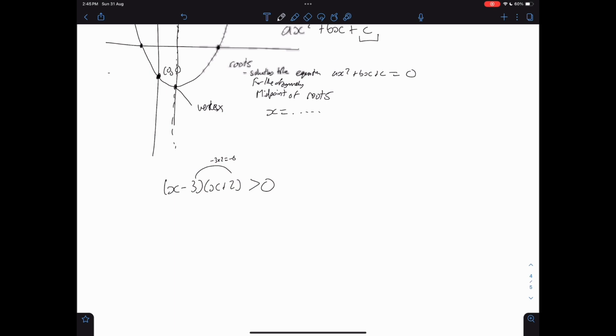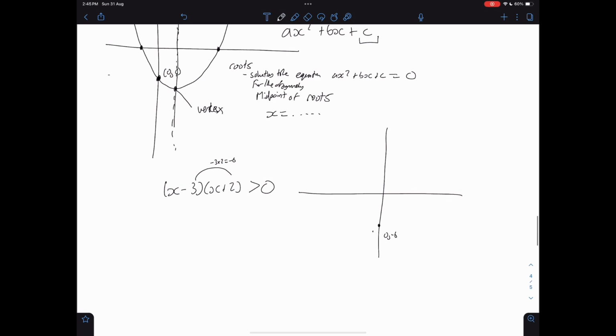So let's do a sketch. It has a y-intercept of 0, minus 6. Its line of symmetry will be halfway between minus 3 and 2, which is a half, I believe. So the vertex will be down here.